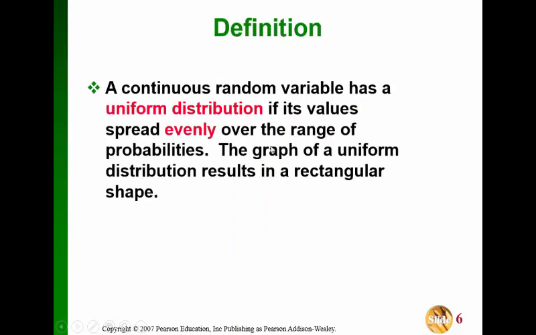A continuous random variable has a uniform distribution if its values are spread evenly over a range of probabilities. The graph of the uniform distribution, because when we're talking about continuous distribution, we're focused on the graphs, will result in a horizontal line, and so if you count the area underneath, we're looking at a rectangular shape.